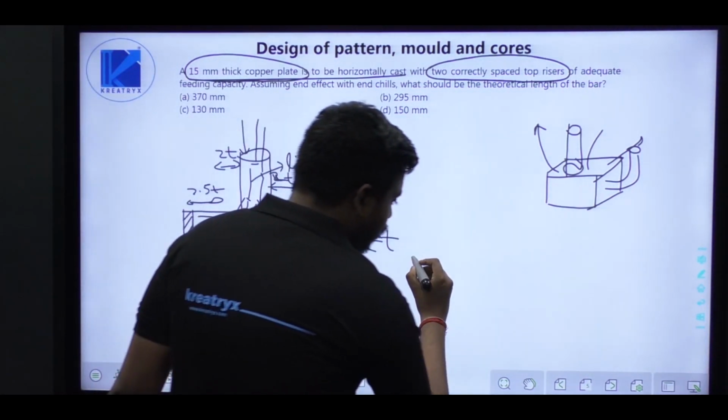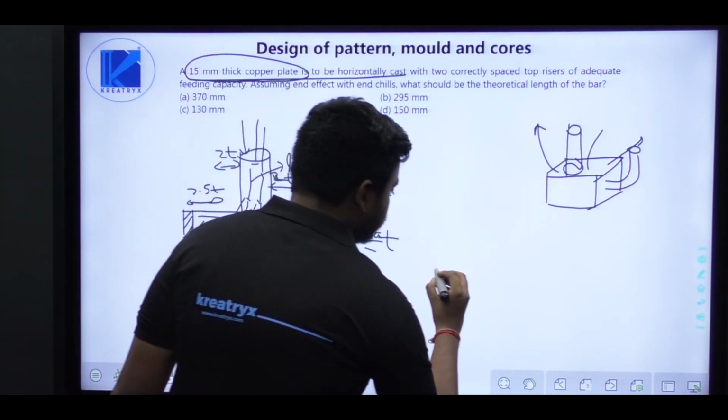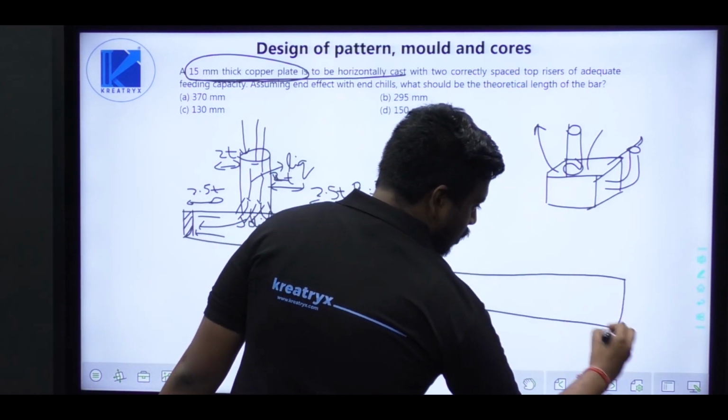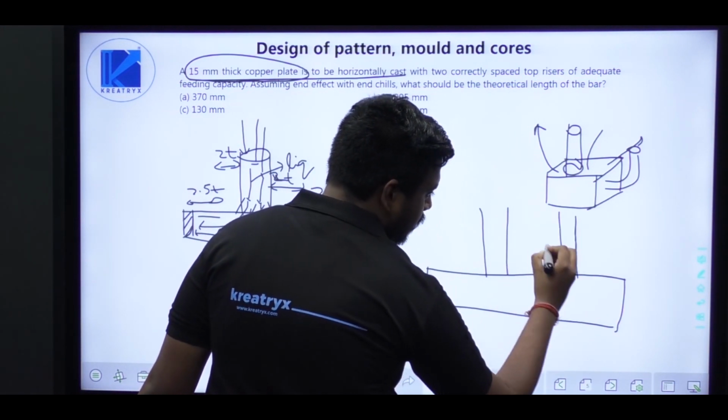So friends, now I will draw a horizontal cast with, let's say, one top riser and another top riser.